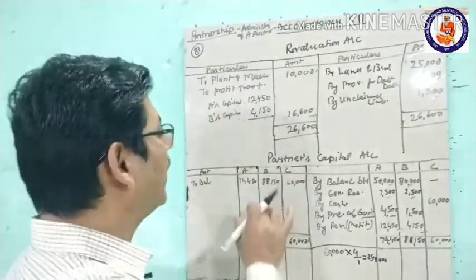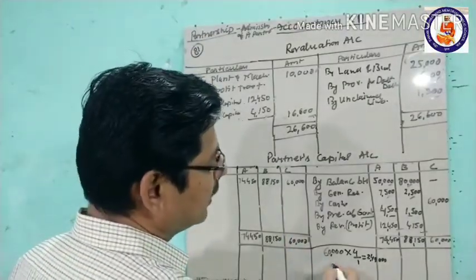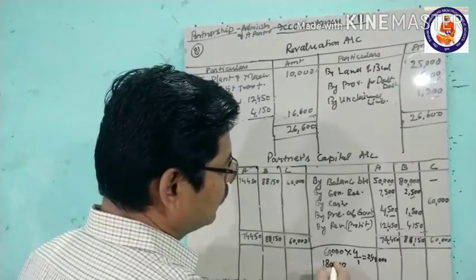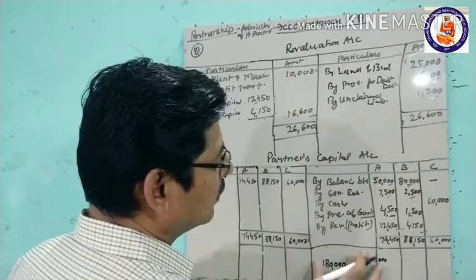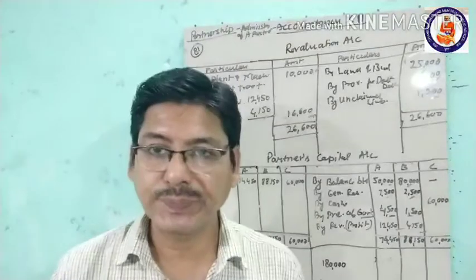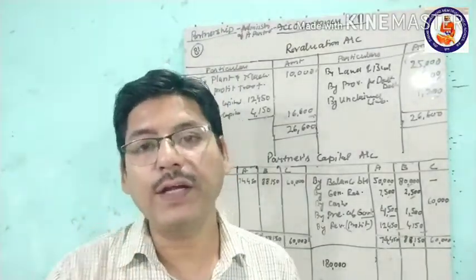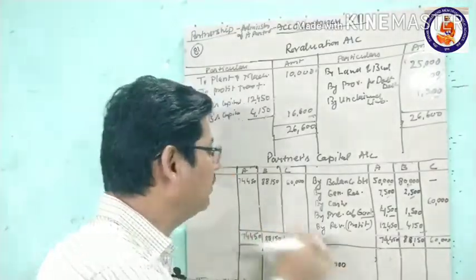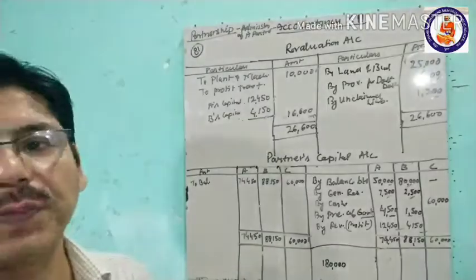So these two partners' capital should be 1,80,000. This 1,80,000 should be the capital of A and B. Okay, but now we will find out, this is the total capital, so this capital will be distributed in their profit sharing ratio, that how much should be the capital of each partner.